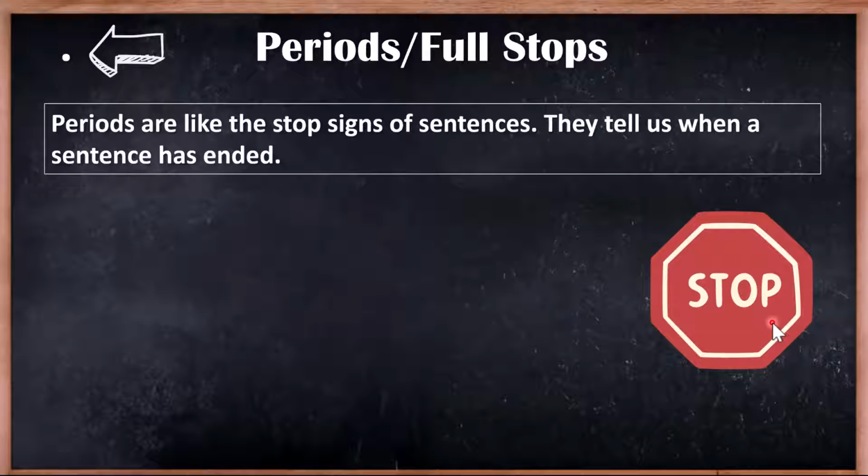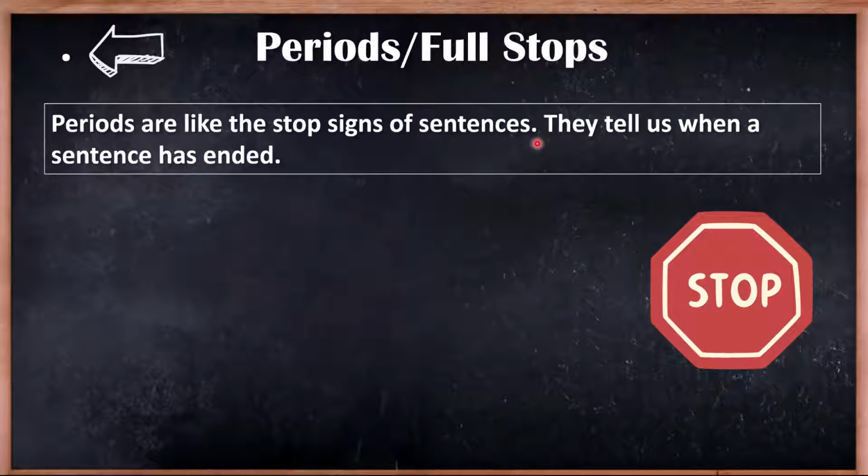So periods are like the stop signs of sentences. They tell us when a sentence has ended, and we use them at the end of a declarative sentence. You can see we add a period, and then we add a space, just one space, not two spaces. In the past, when we used typewriters, we had to use two spaces because of the way typewriters were formatted.